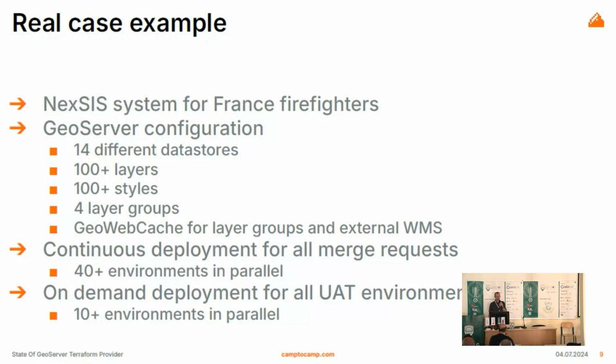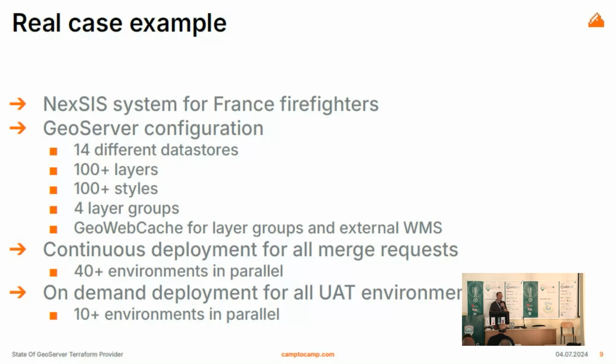We do continuous deployment for all merge requests. So we have in development more than 40 environments in parallel that we need to update and create when developers need them. And we also have deployments on UAT and in production.